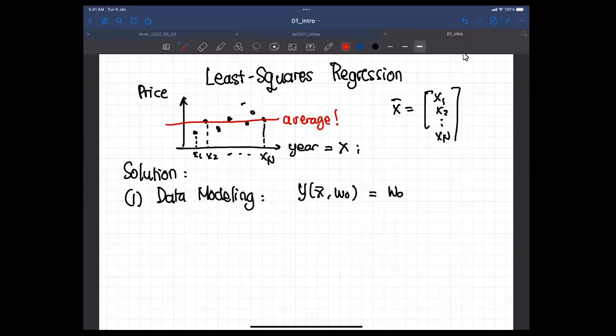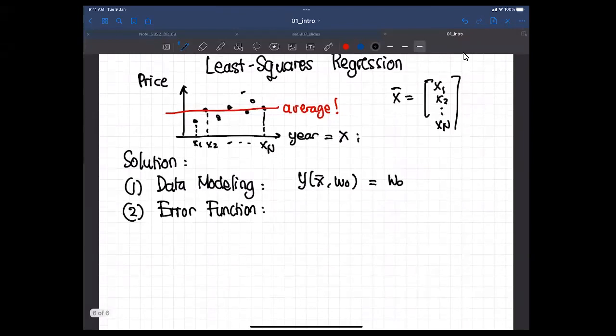So first of all, you have data modeling, the very simple modeling that you can do. And second, you have to define your error function. Throughout this discussion, until the end of the first part of the course, I will use E. E is an error function with respect to the parameters that you want to estimate.